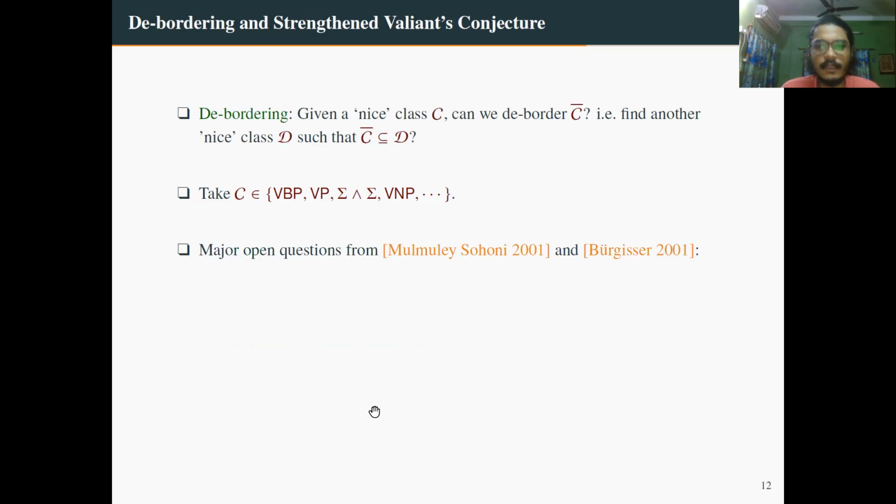In fact, it turns out that these questions are asked and nothing is in fact known. For example, is border VBP equal to VBP, whether border VP equals VP, whether border VNP equals VNP, nothing is known.